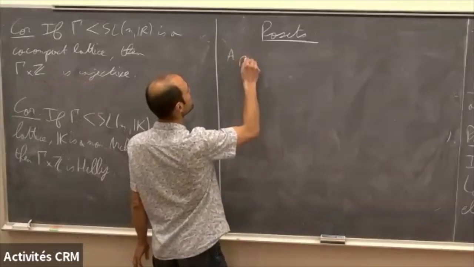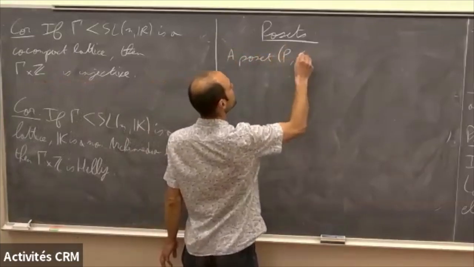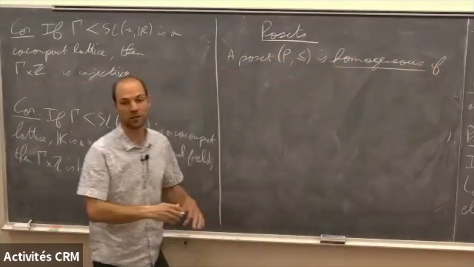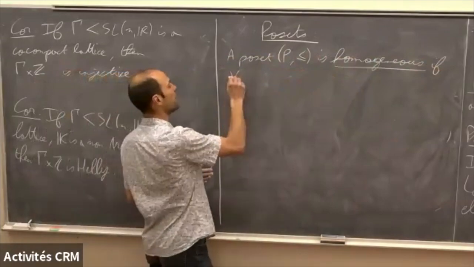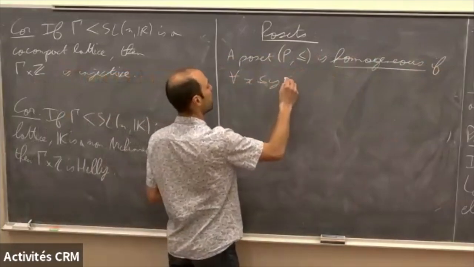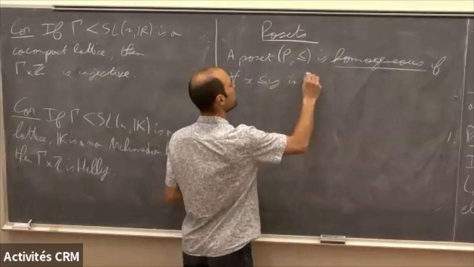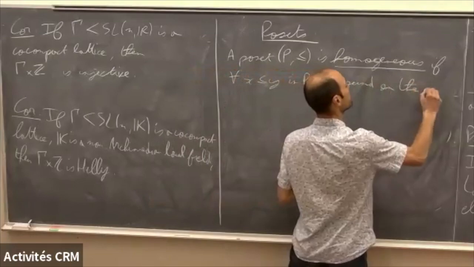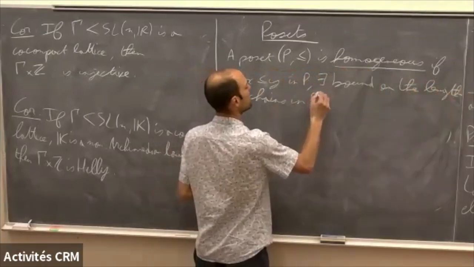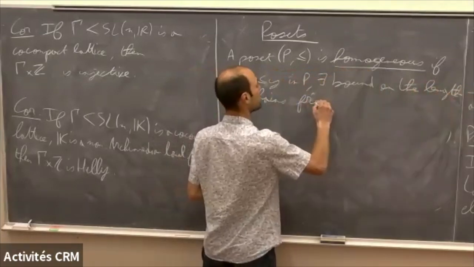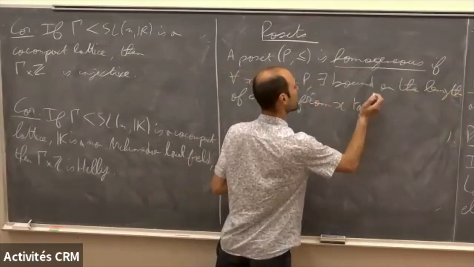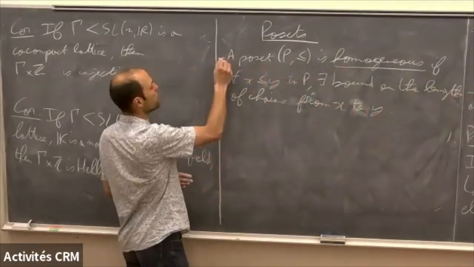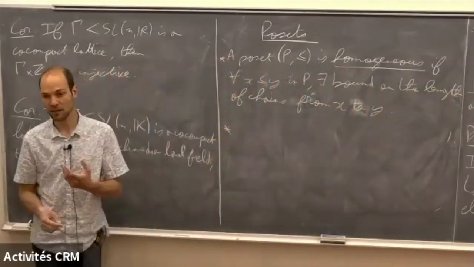A poset P is homogeneous if, I don't want infinite chains essentially, for any comparable elements X and Y in P, there exists a bound on the length of chains in P from X to Y. So this will be useful to have some discreteness properties.